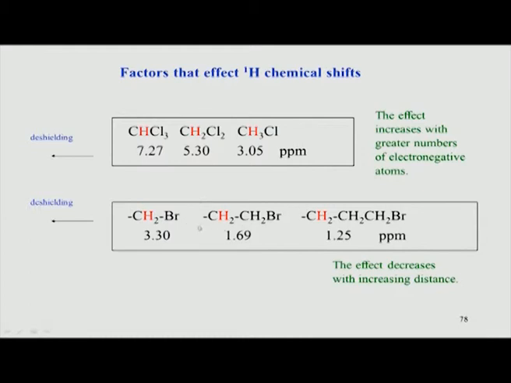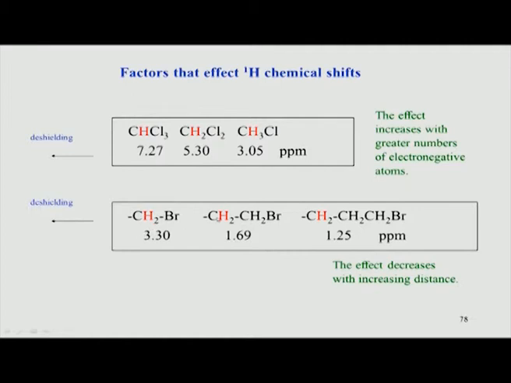Now, we can look at another molecule where we insert a CH2 between the hydrogen and the electronegative atom. If you see here, there are 2 CH2s and bromine is located far away. Keep in mind, we are looking at the hydrogen atom shown in red color. There is one bromine directly attached to this carbon, and that is the electronegative effect which we saw in the previous slides.